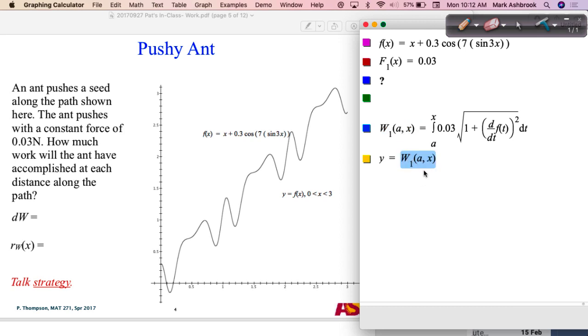And when I graph it, I want to start at 0. And what do I want to put on the x-axis? I want to put x on the x-axis. So I'm just going to leave it as x. And we can graph that from 0 to, it looks like maybe 3.5.